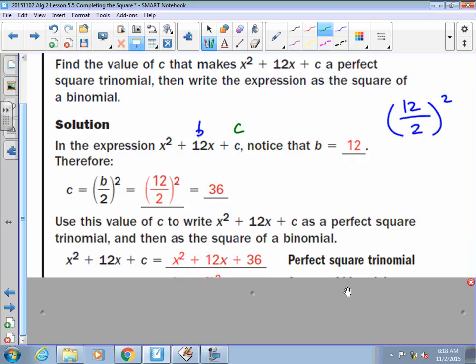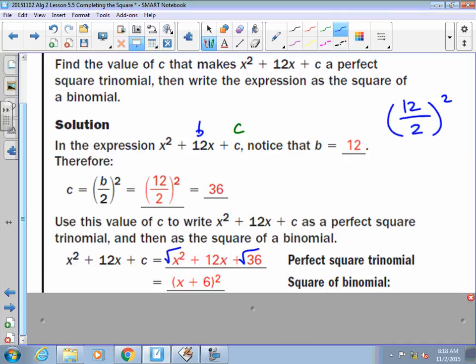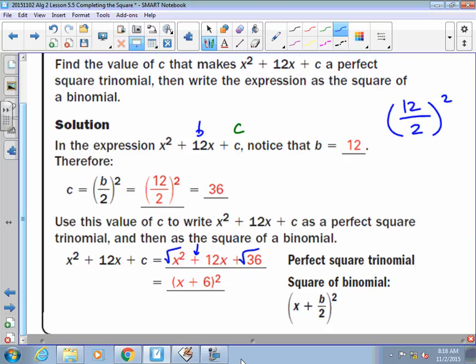Then, once you have this perfect square trinomial, you simply take the square root of this one, which is x, and the square root of this one, which is 6. So x and 6, and then this is the sign that goes in between them. So x plus 6 squared. That is the square of the binomial, that perfect trinomial, x plus b over 2 squared.